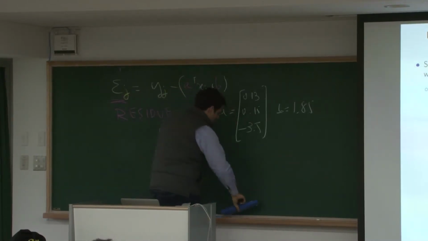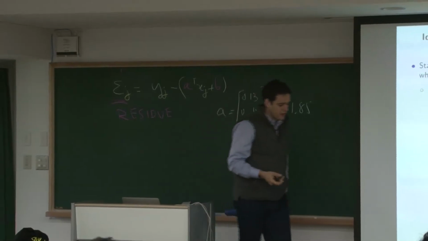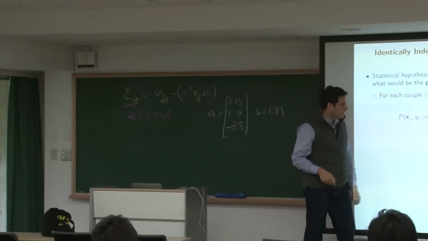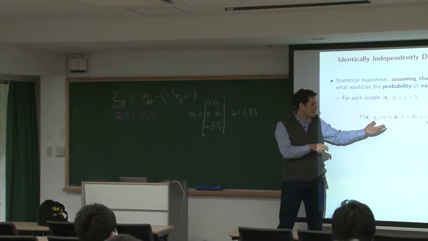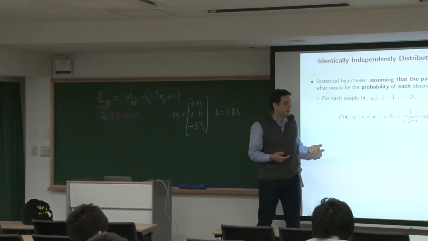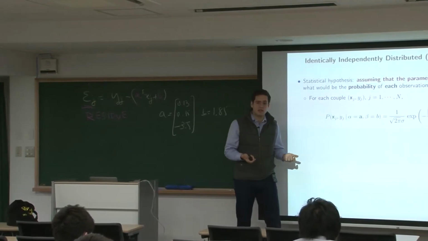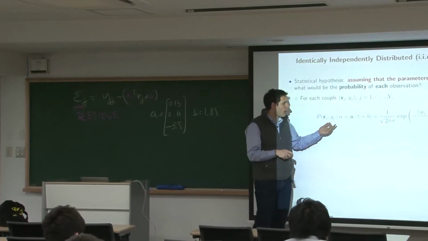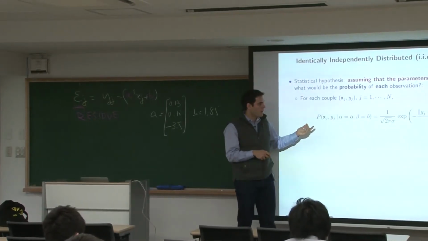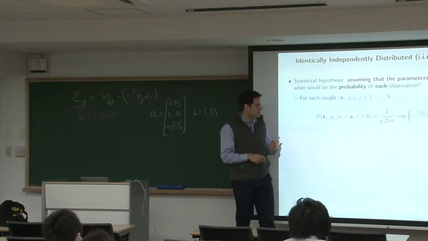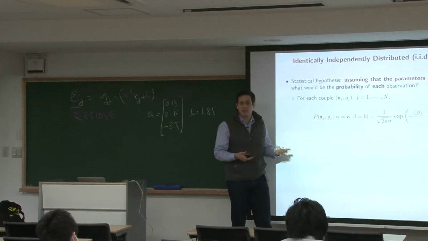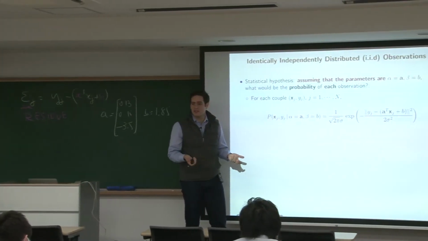In that case, I know that epsilon j has a normal density. So the probability that yj appears, if A and B were the ones responsible for the relationship between yj and xj, is just this. This is just the Gaussian density, right? Okay?